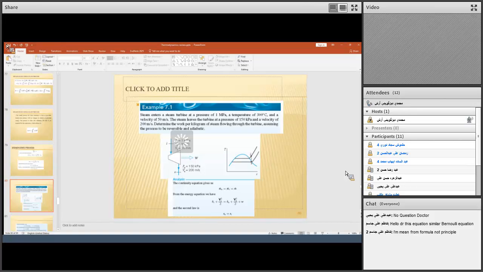So you can see its process in the figure between state I at inlet and E at exit. What we have: pressure, temperature, velocity at inlet, pressure, velocity at outlet. What does the problem want from us? Work. So you can see it in the temperature-entropy diagram.